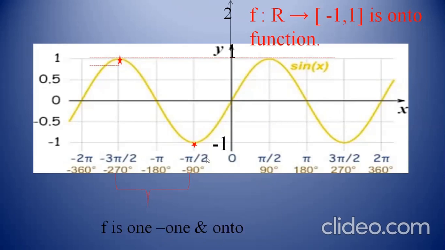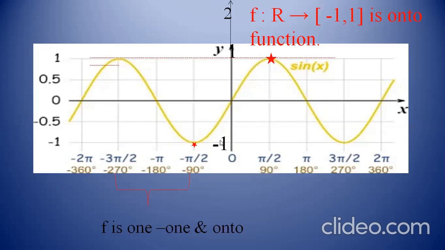If you restrict its domain from minus pi by 2 to pi by 2, again we can draw the line which is parallel to the x-axis. It intersects the curve in this portion at a single point.